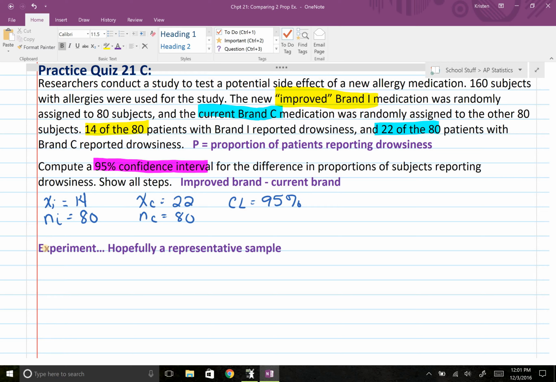We cannot talk about randomly selecting subjects for this experiment, simply because when we're talking about people, they have to volunteer for this. However, we can say that the subjects, or let's even call them patients, are randomly assigned the treatments. Now, that allows us to say the groups are independent.